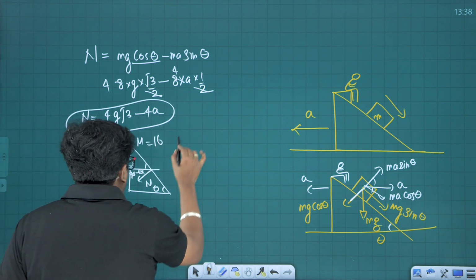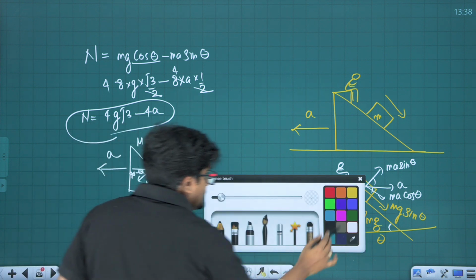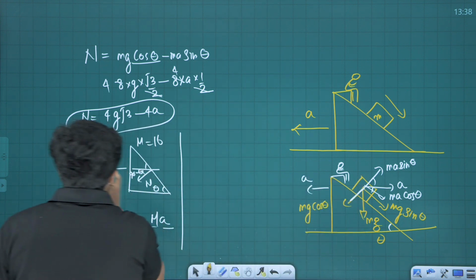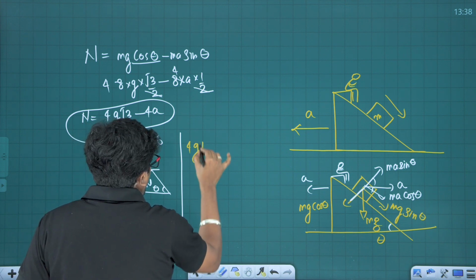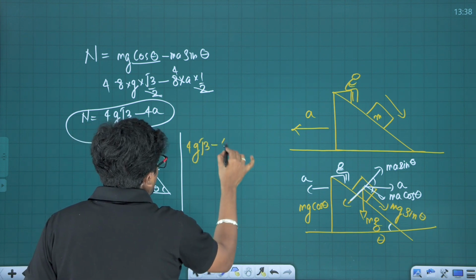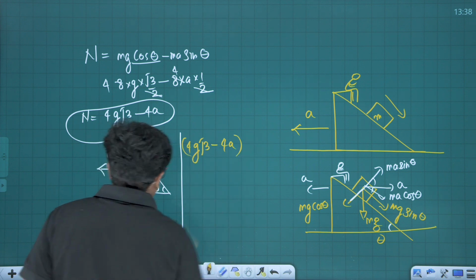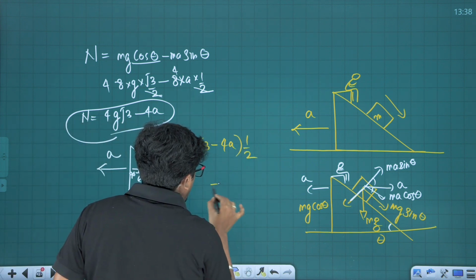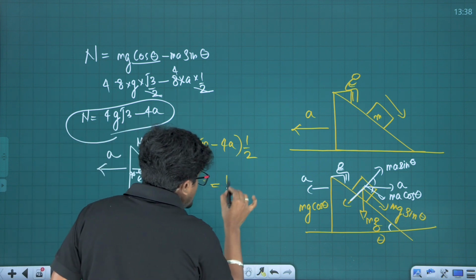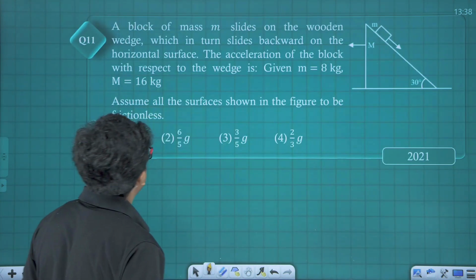What is N? Capital N can be marked as 4 times g into under root of 3 minus 4 times a, into sin theta, which is 1 by 2. And that needs to be equal to what? Mass is 16, I believe.